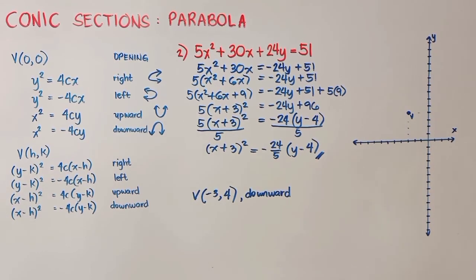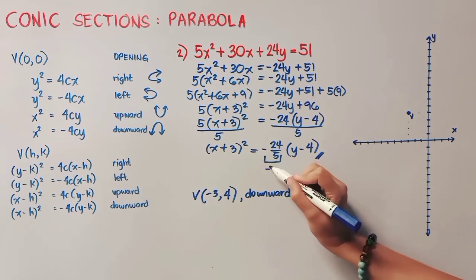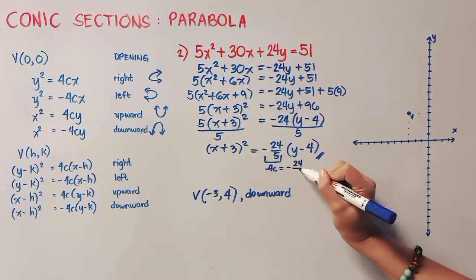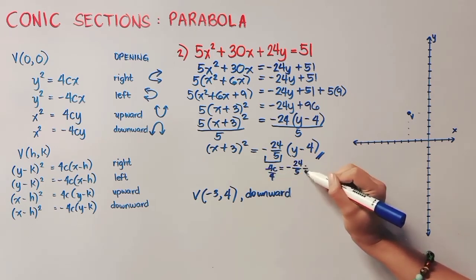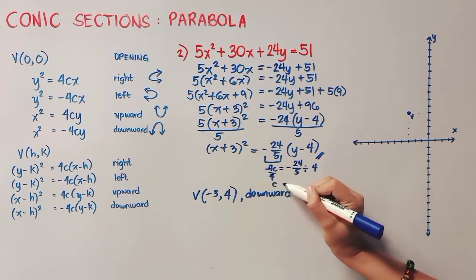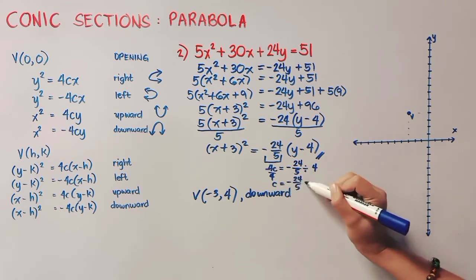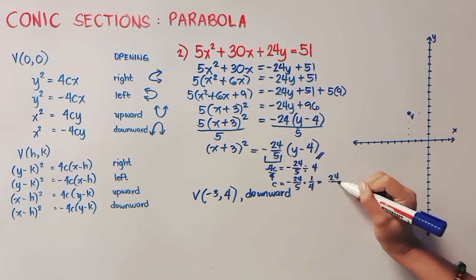Now let us get the value of our c. Remember that this portion here is our negative 4c. So that's negative 4c is equal to negative 24 over 5. Now we have to divide both sides by 4. So that is negative 24 over 5, we'll make it into multiplication and we will reciprocate 4.